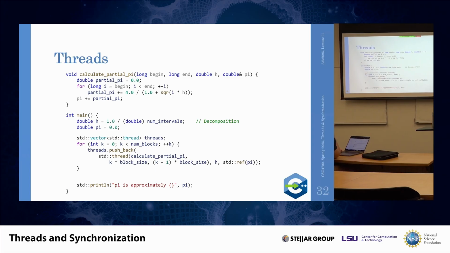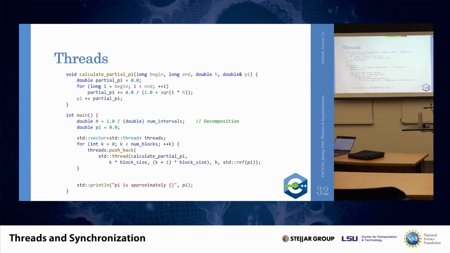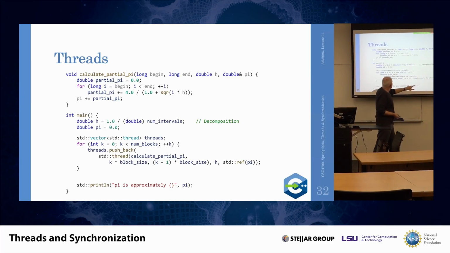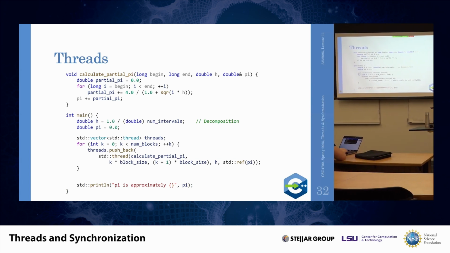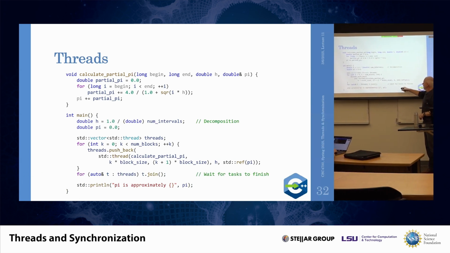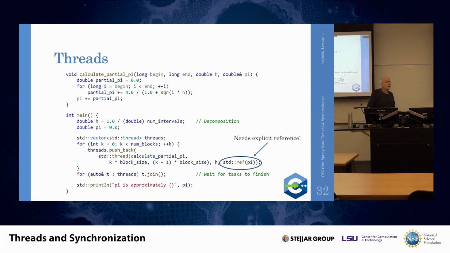I now create a vector of threads, and I create each of the threads by passing the function, the begin and end. That parenthesis is superfluous. I have to remove that. H, and please note the special syntax I'm using here: std::ref.